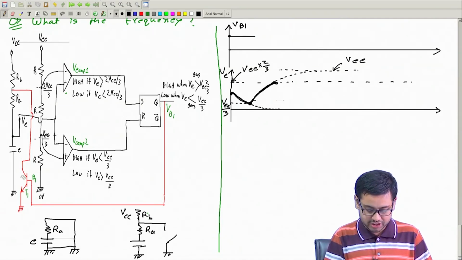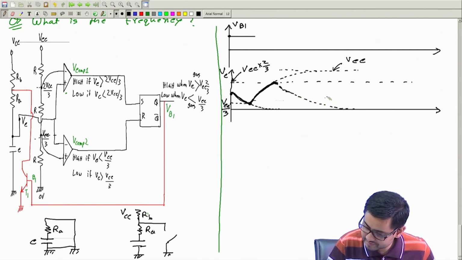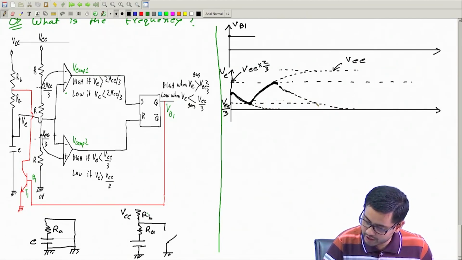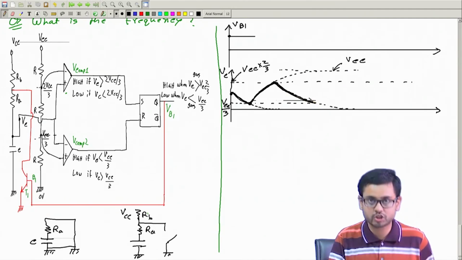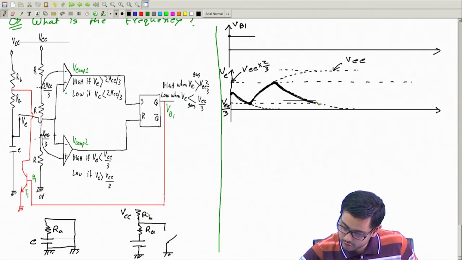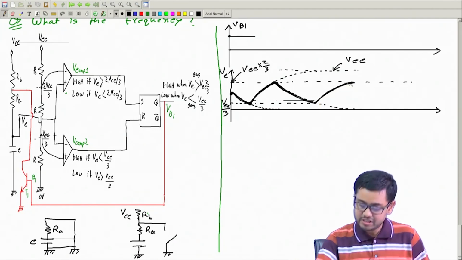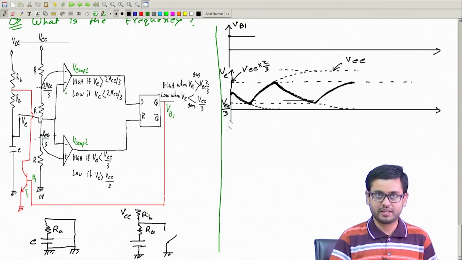This will turn on this transistor again, so it will start to discharge once again and will try to go towards 0 voltage, but it will definitely not reach that. It will reach only up to 1/3 Vcc. So it will come up to this, and again the story will change. This is how Vc will oscillate, between these two levels, 2/3 Vcc and 1/3 Vcc.